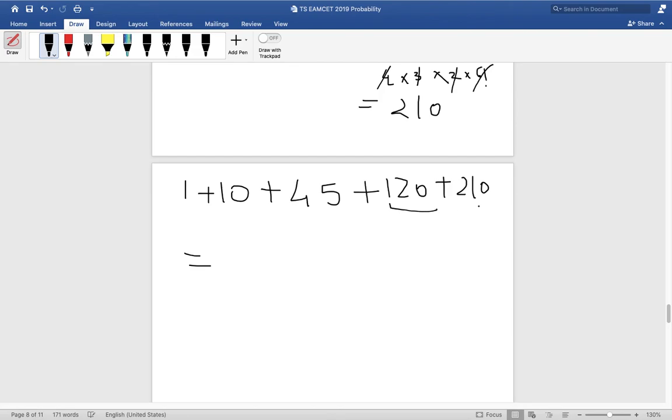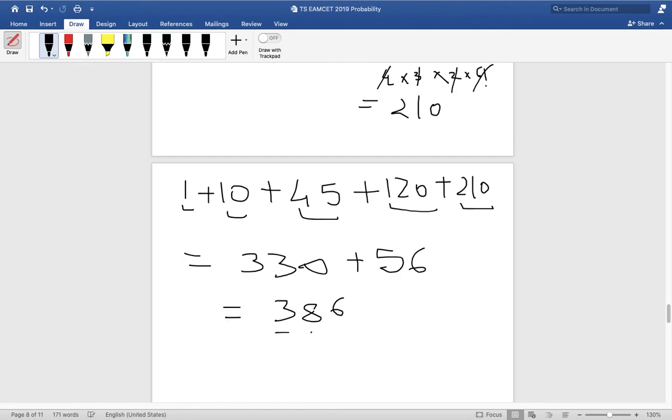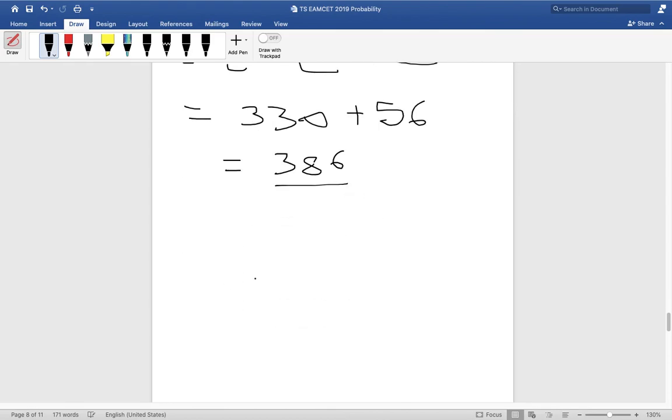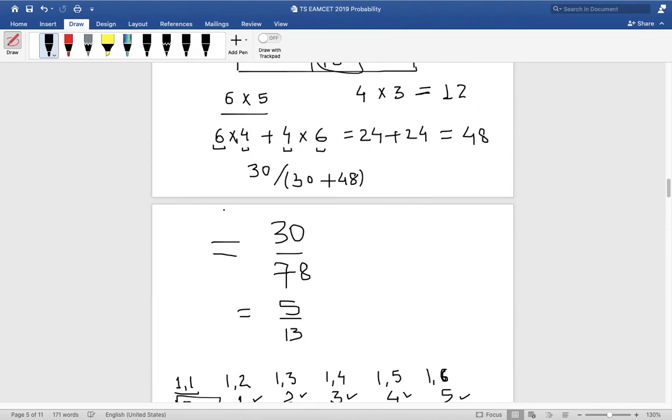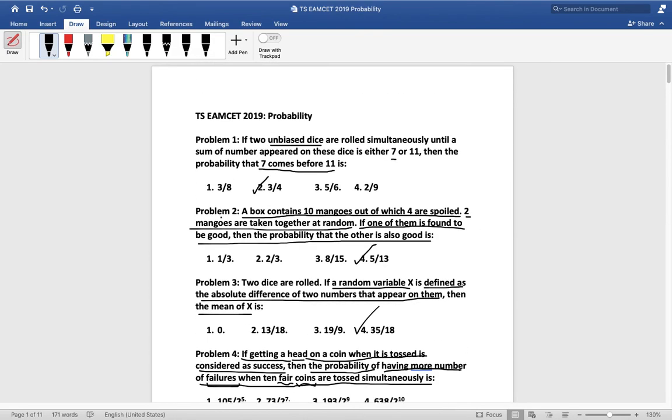So 120 and 210 is 330, plus 45 and 10 is 55, and 1 is 56. You add it, you get 386. So the total number of favorable outcomes for more failures than successes when the coin is tossed 10 times is 386, divided by the total possibilities, 2 raised to the power 10. So 386 divided by 2 raised to the power 10 is the answer.